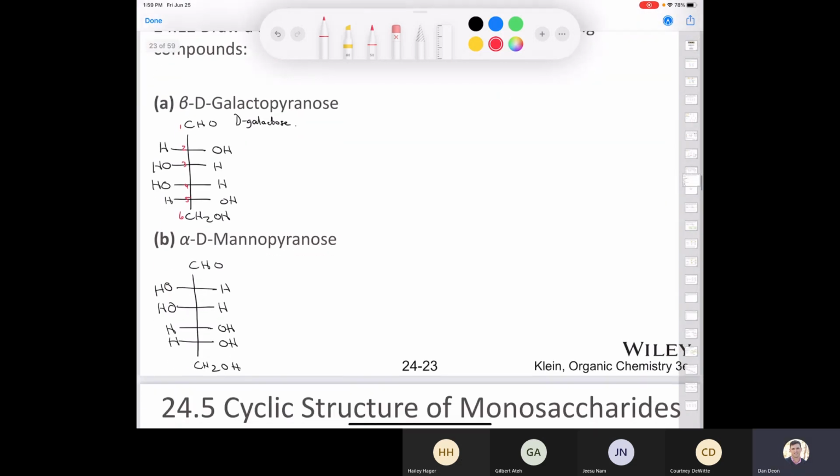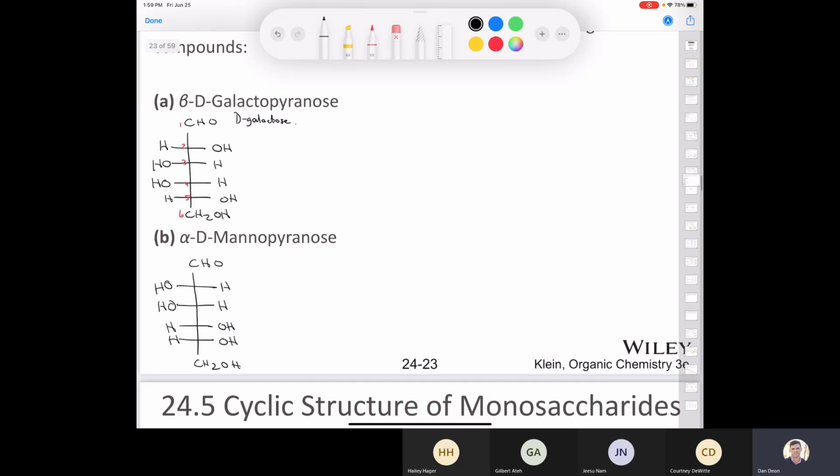Okay, so the first thing you're always going to do when you want to draw a Haworth projection is this. You're going to draw the 6-membered ring with the oxygen in the top right corner. You can shade in these ones if you want to, if you're a real artiste. Not that I am, but then you're going to number the carbons. So we have 1, 2, 3, 4, 5, and then we have 6.